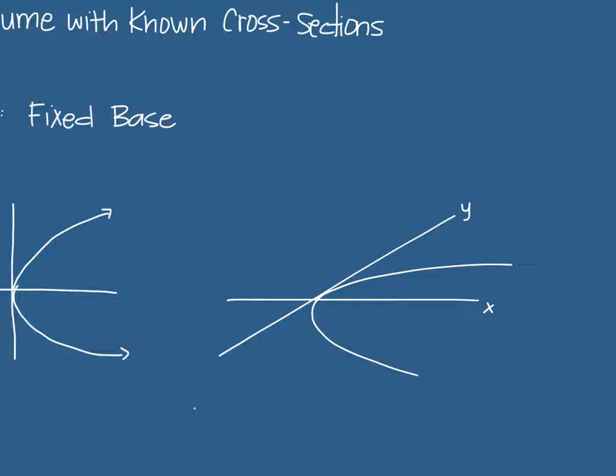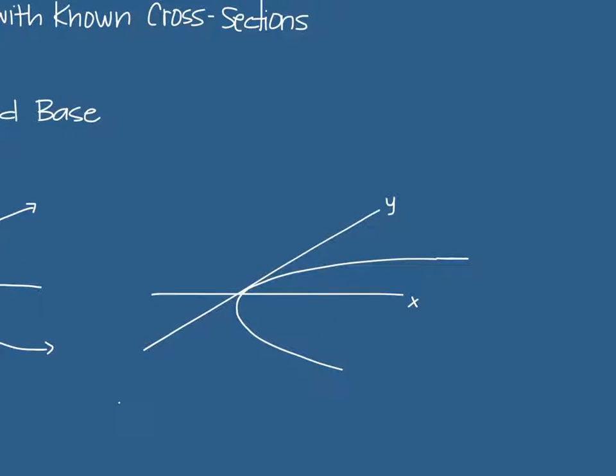I'm going to extend my upper one a little bit because we're going to stop this parabola at x is 3, and so I want to draw something parallel to the y-axis. So let's see how I can do here. All right, so that parabola is now going to be the base of a 3-dimensional object.